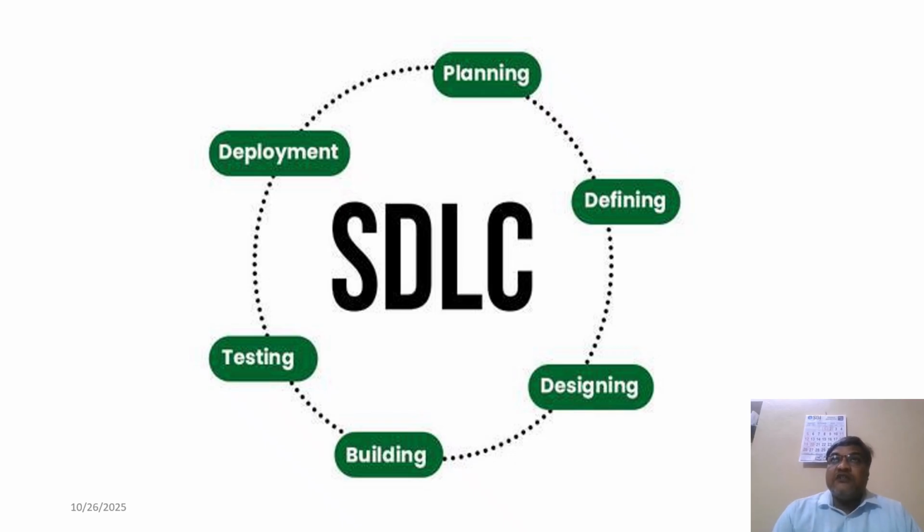We can see implementation of the project, followed by testing, testing of the quality of the software, followed by deployment and maintenance. So after deployment, there will be another phase available called maintenance.